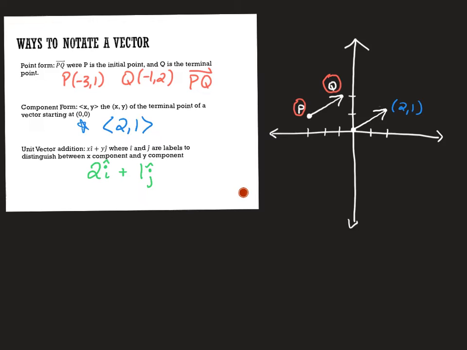These are pretty much the same thing, the component form and the unit vector addition form. It is just all about which textbooks prefer. Again, the component form is definitely the preferred one, and I think the one that Delta Math uses, but it's also important to know the other form as well. Again, i and j are just labels, labeling the x component and the y component.